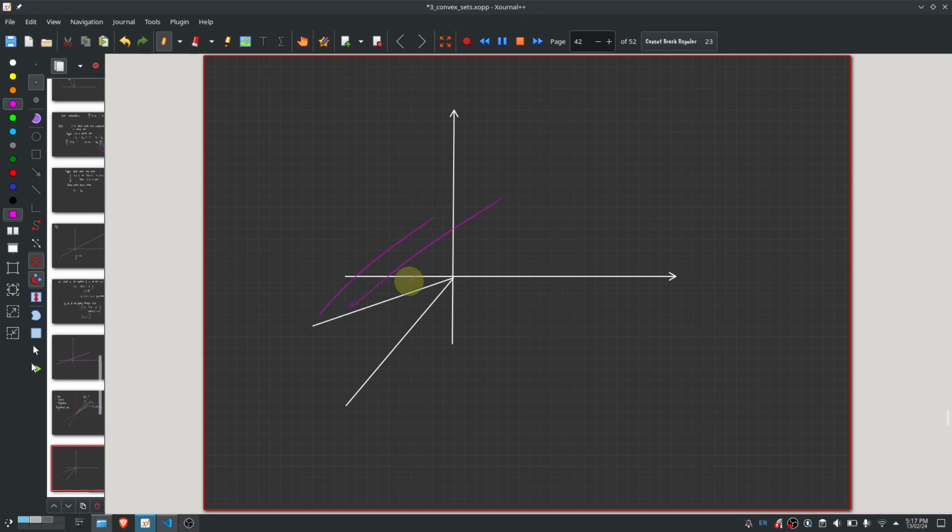So this entire region is a cone, but it's not convex because if I take any two points over here and draw the straight line joining them, then that's not contained inside the region. So this is a non-convex cone.